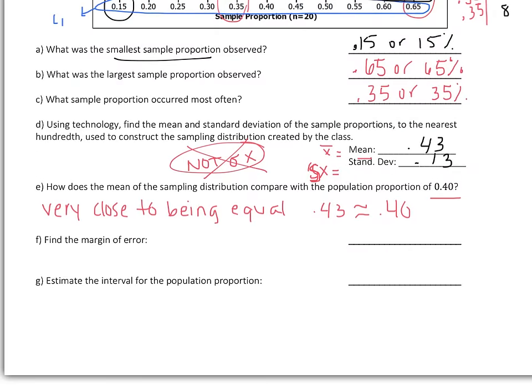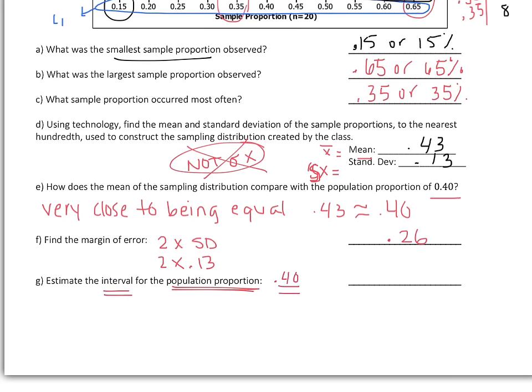The next part says, find the margin of error. So if you recall from last lesson, the margin of error is 2 times the standard deviation. In this case, my standard deviation is 0.13. So I'm going to take 2 and multiply it by 0.13, and I get about 0.26. That is our margin of error that's going to help us for part G to estimate the interval for the population proportion. We know the population proportion is 0.40 or 40%.